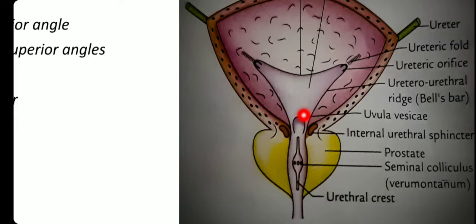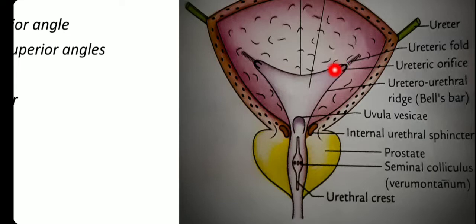Moving on to the interureteric ridge or crest, the bar of Mercier. This is the bar of Mercier or the interureteric ridge. It forms the superior boundary of the trigone of the bladder and the connection between the ureteric orifices, which produces a continuation into the bladder wall of the inner longitudinal coats of the ureters.